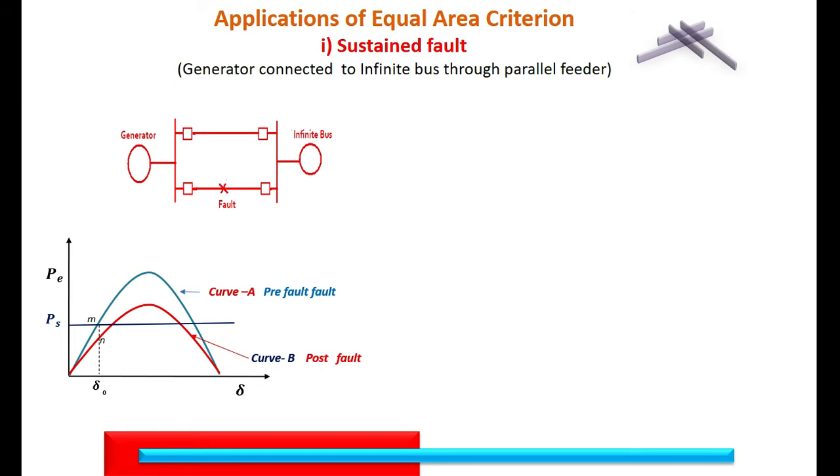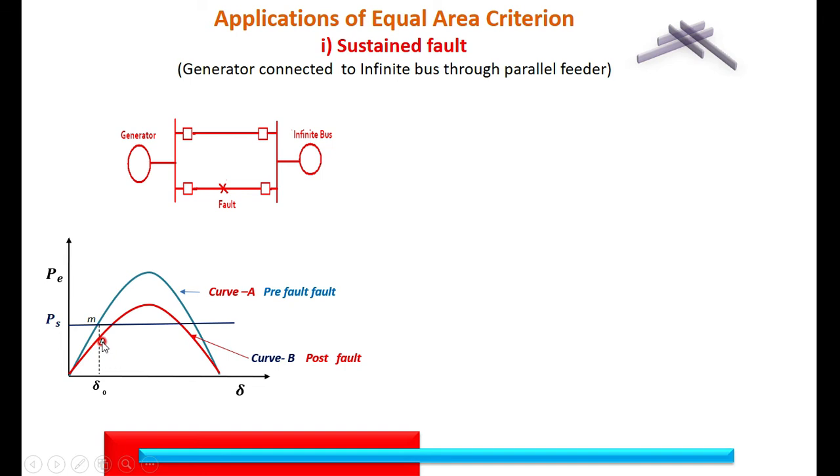But it is exactly the opposite in the case of the generator, which you have to keep in mind. In the case of the generator, the output is less than the input, therefore there is acceleration. Here, instead of angle delta decreasing, it increases because it is a generator.